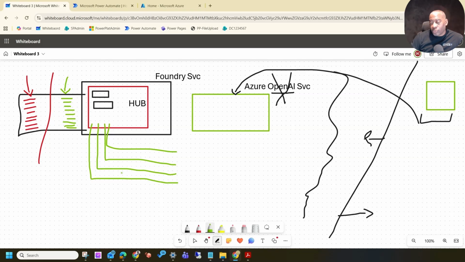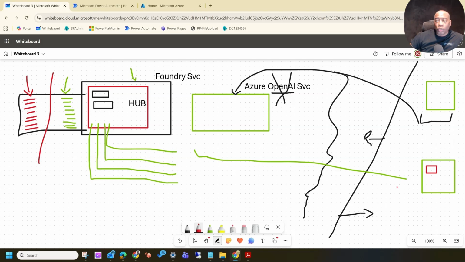So when you use the Anthropic endpoint, even though you can enable it here within the Foundry service and deploy it alongside the curated models that are provided by Azure, when you make the call using the Anthropic endpoint, it's actually going outside of your tenant and being hosted inside of the Anthropic hosting, and you're now bound to the terms and guidelines of Anthropic, like what they tell you in their terms of service of what they can and cannot do with your data, what they can and cannot read from your data.